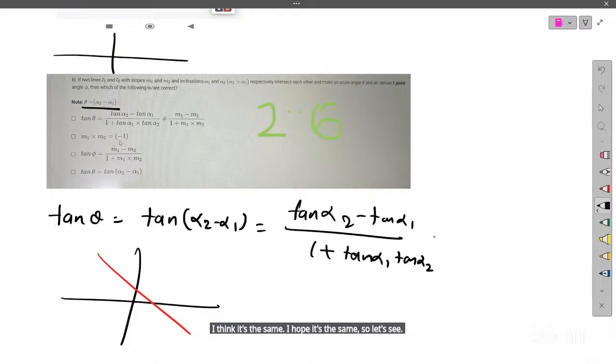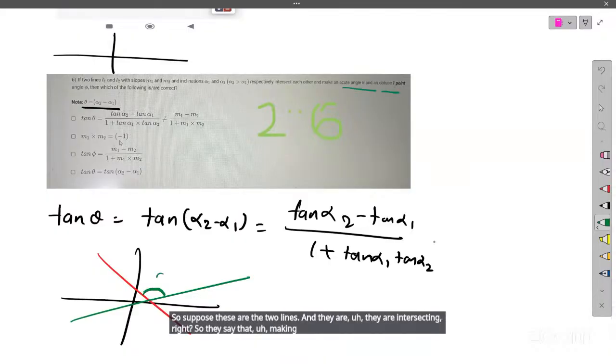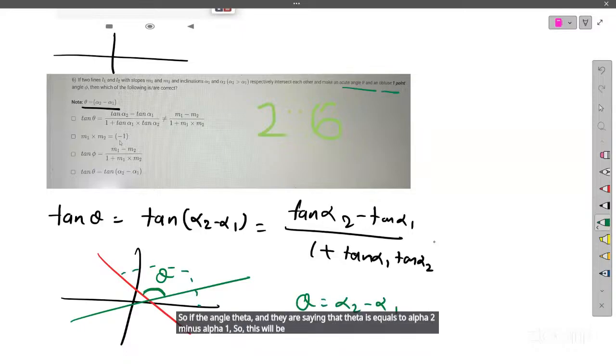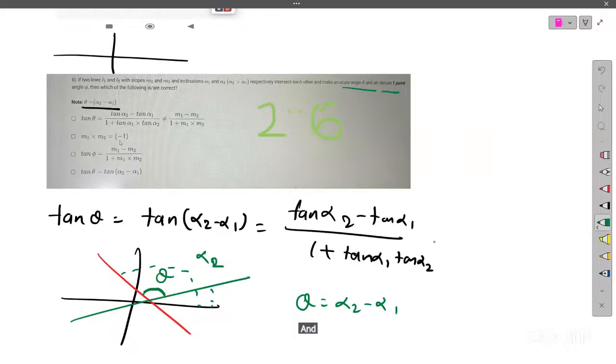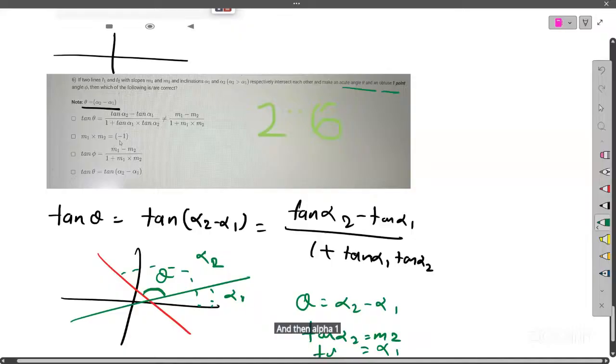Suppose these are the two lines and they are intersecting, right? They say they make acute angle theta, and theta is equal to alpha 2 minus alpha 1. So this will be your alpha 2 angle, and this should be your alpha 1. Right? So ultimately tan alpha 2 should be equal to m2, and tan alpha 1 should be equal to m1.